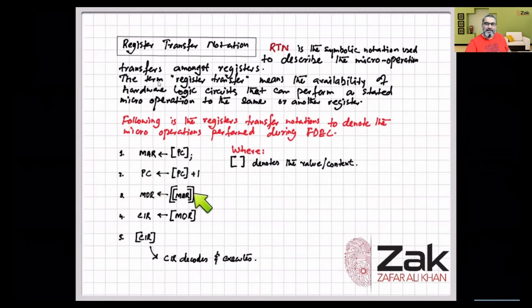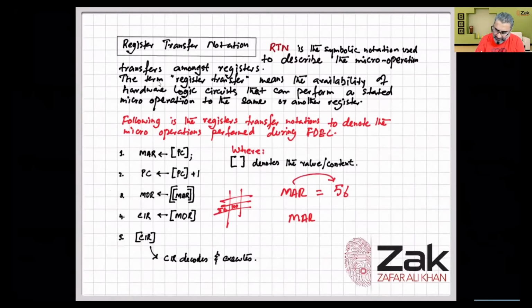Now these are two brackets. Inside bracket, let's say MAR has got address 56. And at address 56 in memory, let's say I have 100. So when I say MAR, I mean 56.